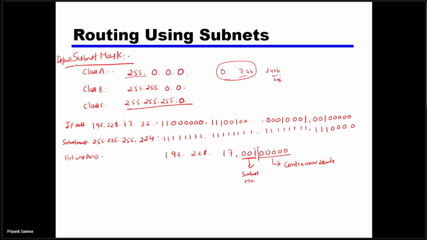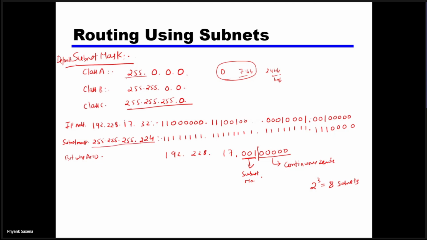Are you following? How many subnets can you have in this? 3 bits are there for the subnet, so you can have 2 to the power 3, that is 8 subnets with this subnet mask.